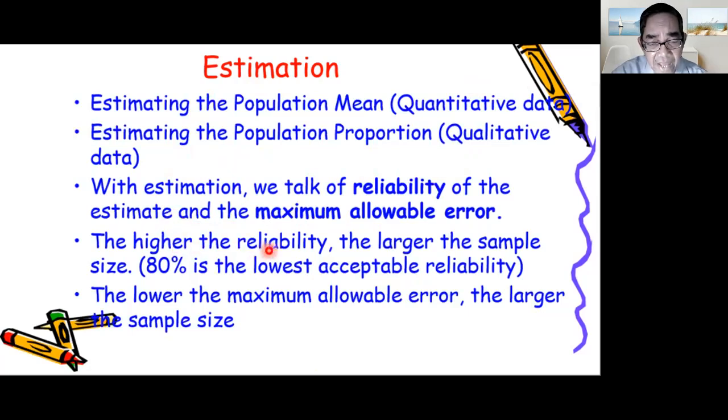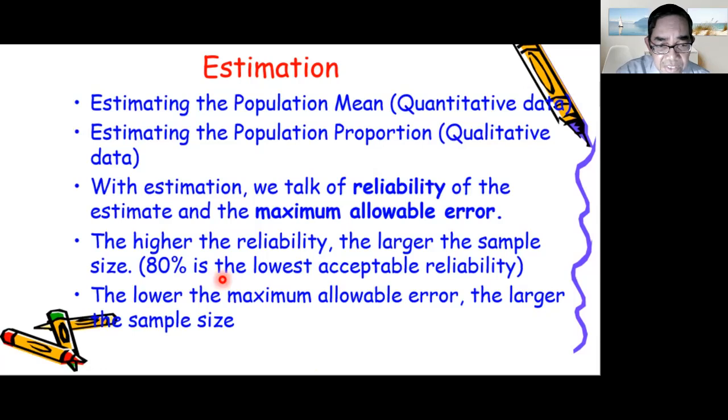The higher the reliability, the larger the sample size. 80% is the lowest acceptable reliability. You can't go lower than 80. This is what I was saying. I was telling you a while ago that the minimum sample size can be only that much. You cannot go lower than what should be the minimum.